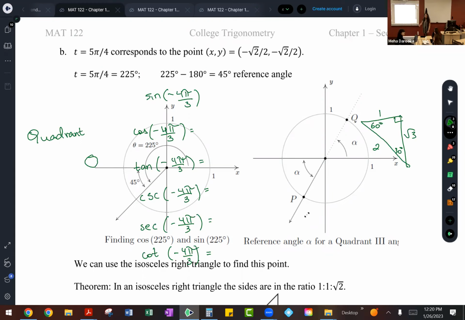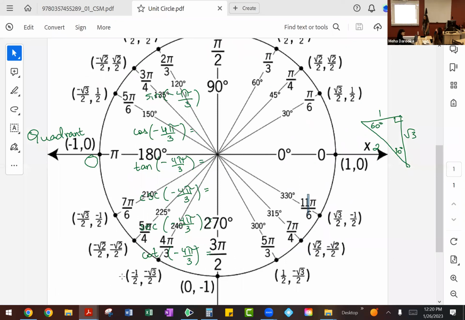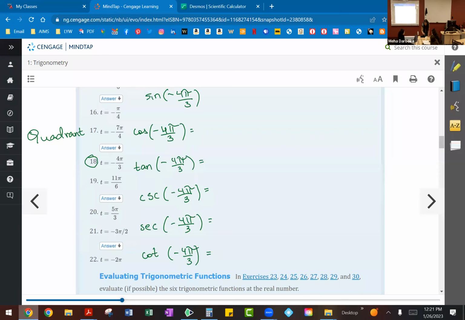That's the same thing we have to do with our negative 4π/3, because your negative 4π/3 corresponds to this angle right here. So you are subtracting the 180 from it, which leaves you with this angle over here, giving you 60°, which means your triangle will end up looking like this, from the horizontal.